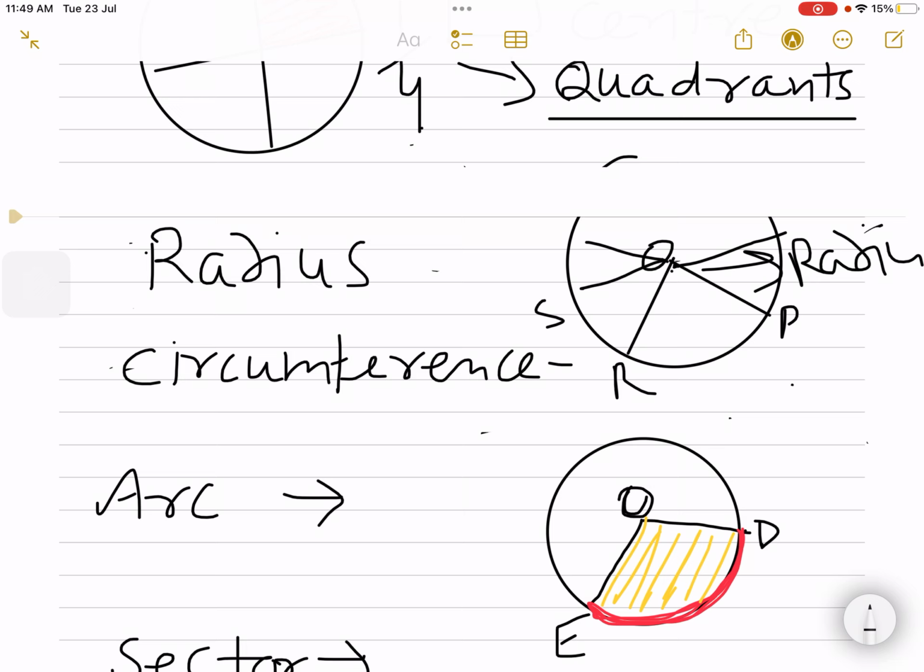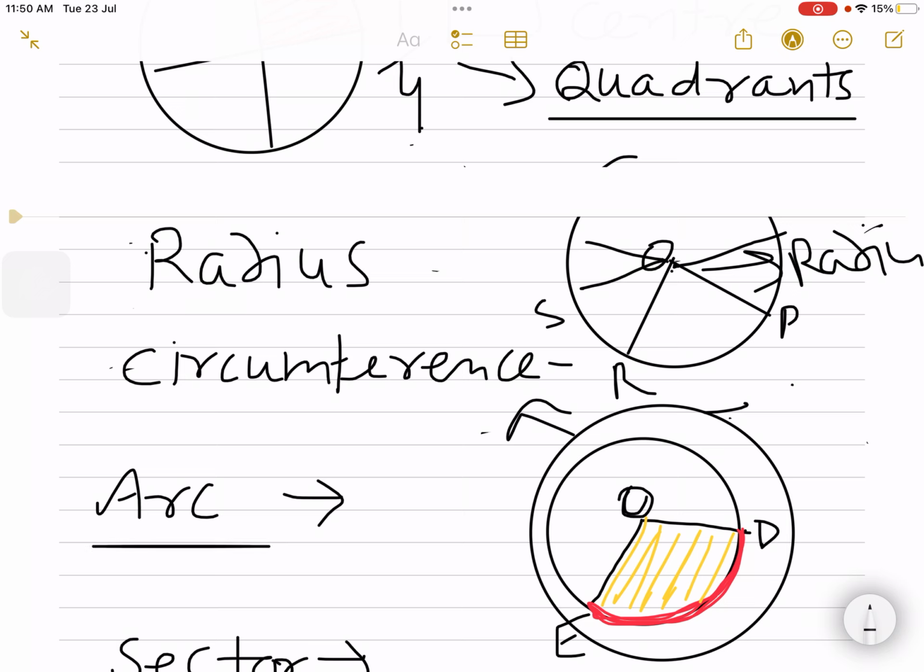Now what is the circumference? So length around the circle is known as a circumference. Okay, length around the circle, it means the total length of the circle is known as the circumference of the circle. Now we talk about arc. What is the arc?